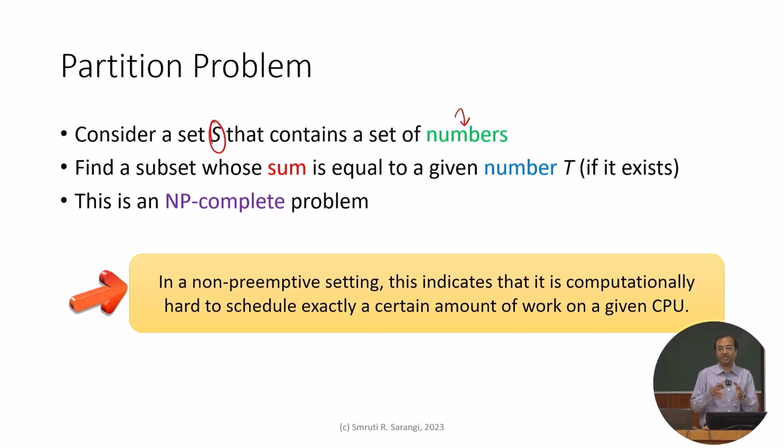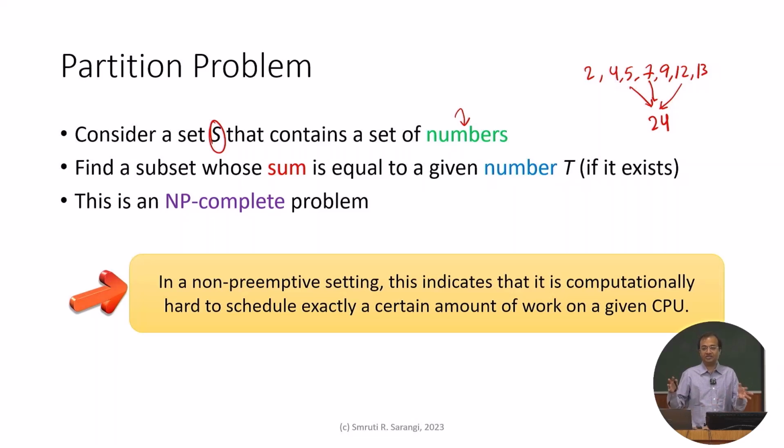You find a subset of S whose sum is equal to a given number. Let's say the set of numbers is 2, 4, 5, 7, 9, 12, 13, and you find a subset whose sum is 24. So 5 plus 7 plus 12 is 24. This is your partition problem.